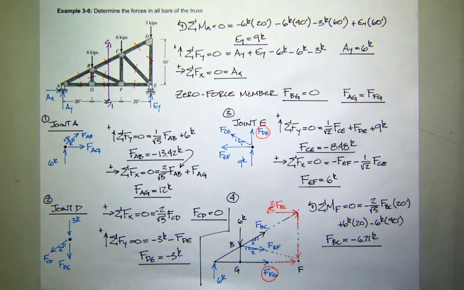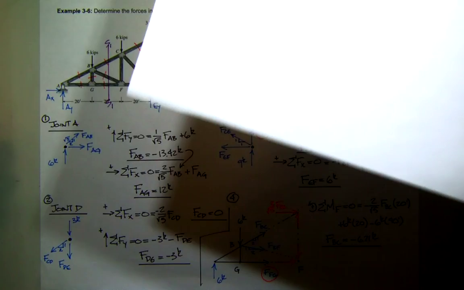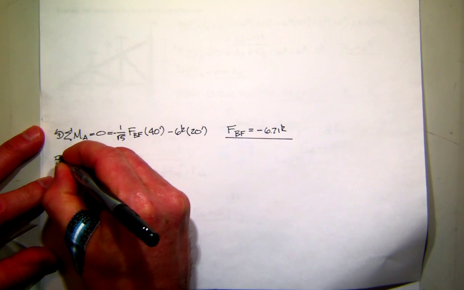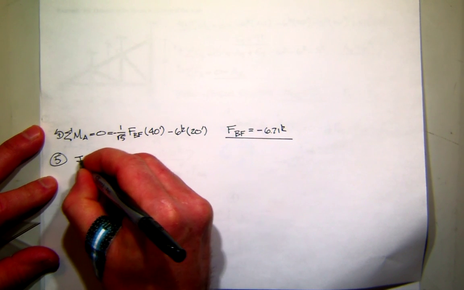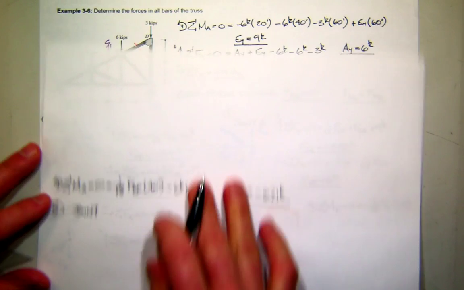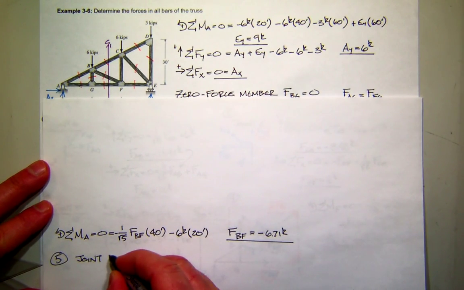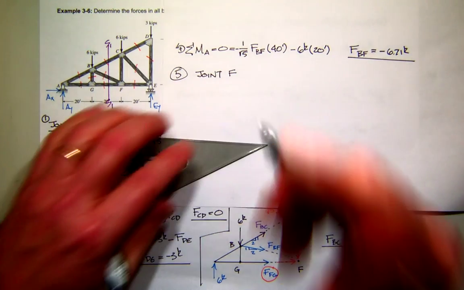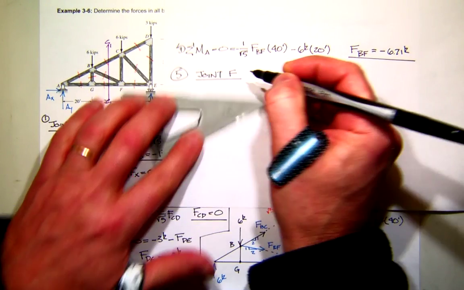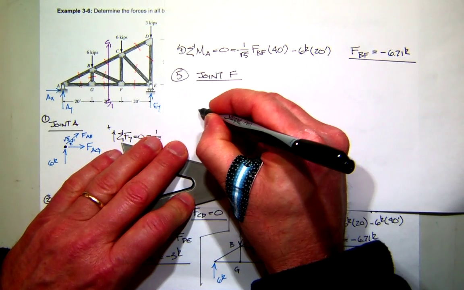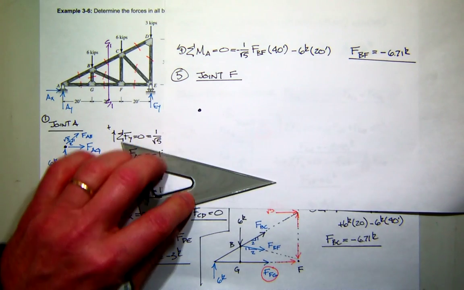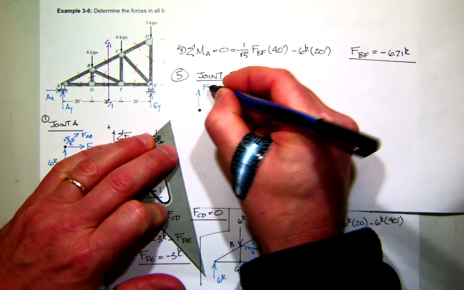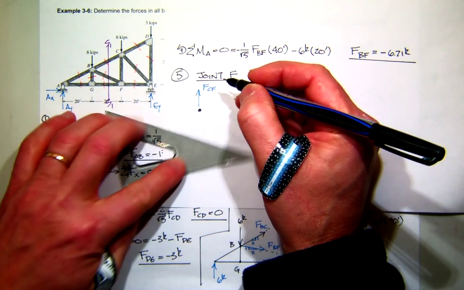So I'll go, I guess let's see, 1, 2, 3, 4. So this will be my 5th strategy. And we'll do a joint at, what did I say? F. I'm going to have to do some moving around here. So let's see, here's F. And this is the one I'm looking for, the force in CF.